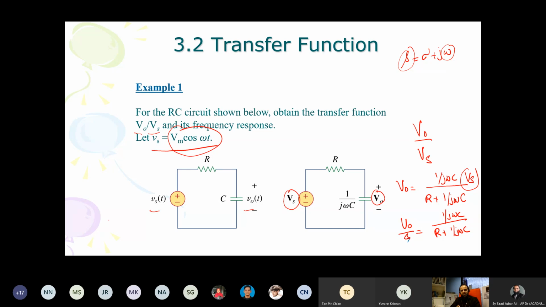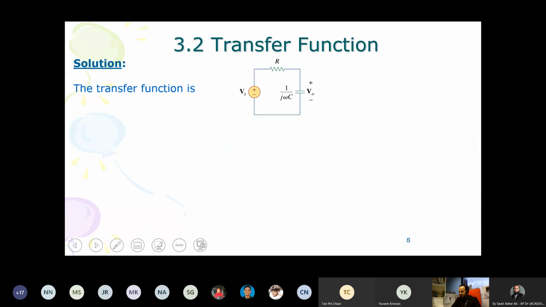No, we just keep it as Vs as the source voltage. So the transfer function we just got, V naught over Vs using voltage division, will be 1 upon j omega c upon R plus 1 upon j omega c.